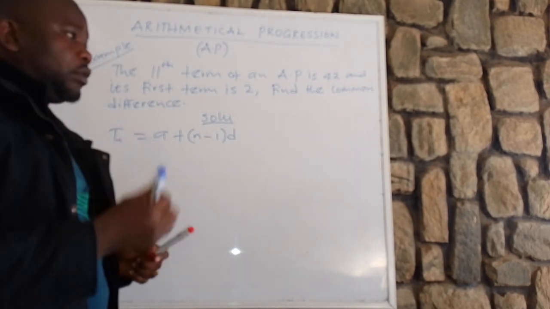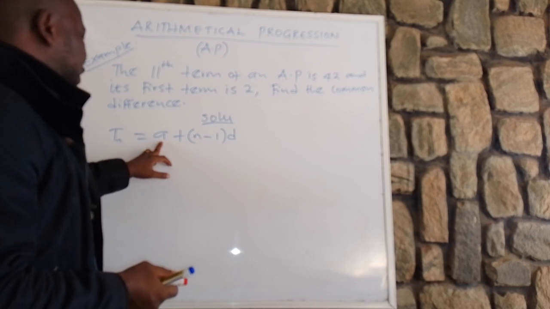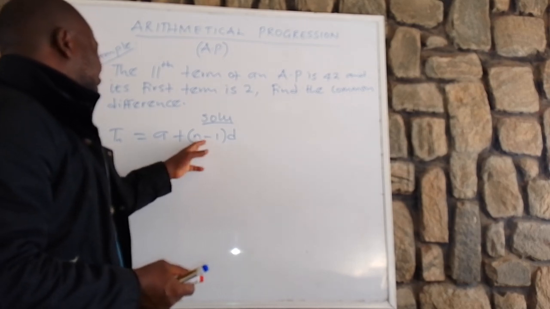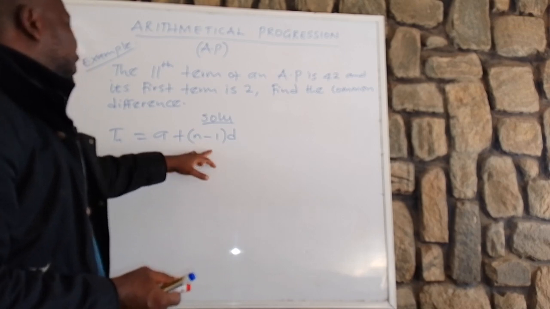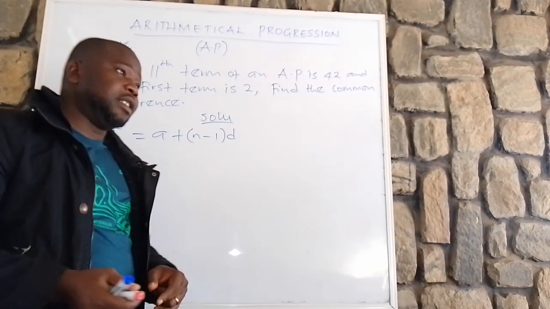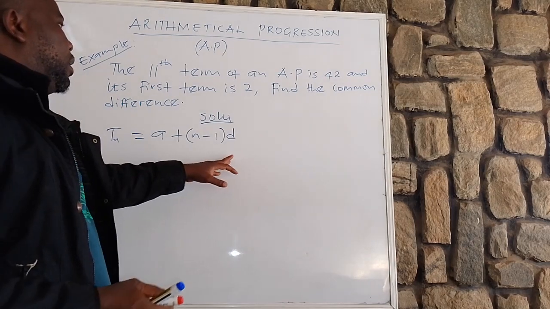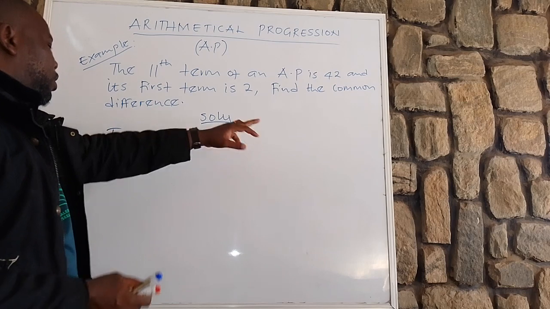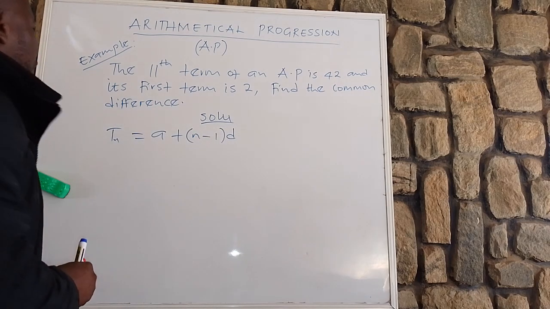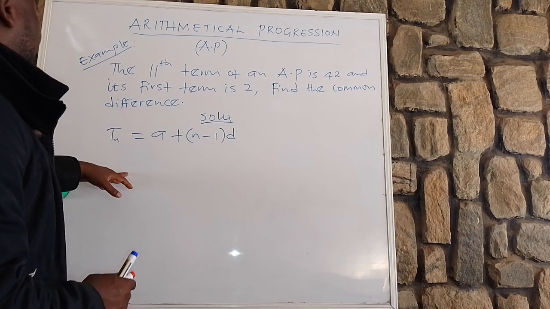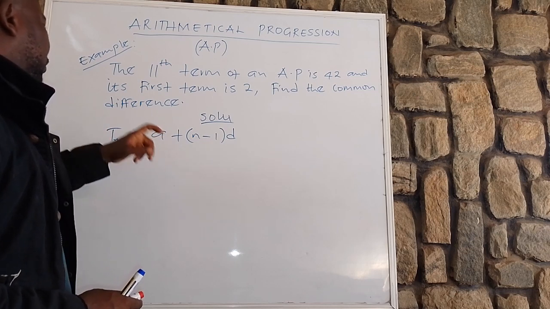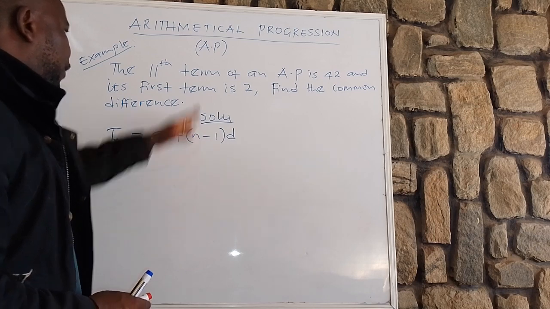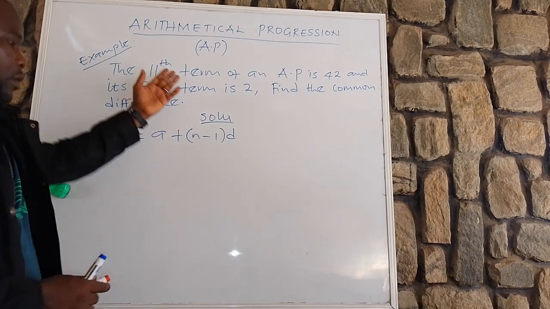I told you earlier that a is the first term, n is the nth term, then d is the common difference. And we are asked here to find the common difference. So how can we obtain our n and our a from this question? Let's look at it together.